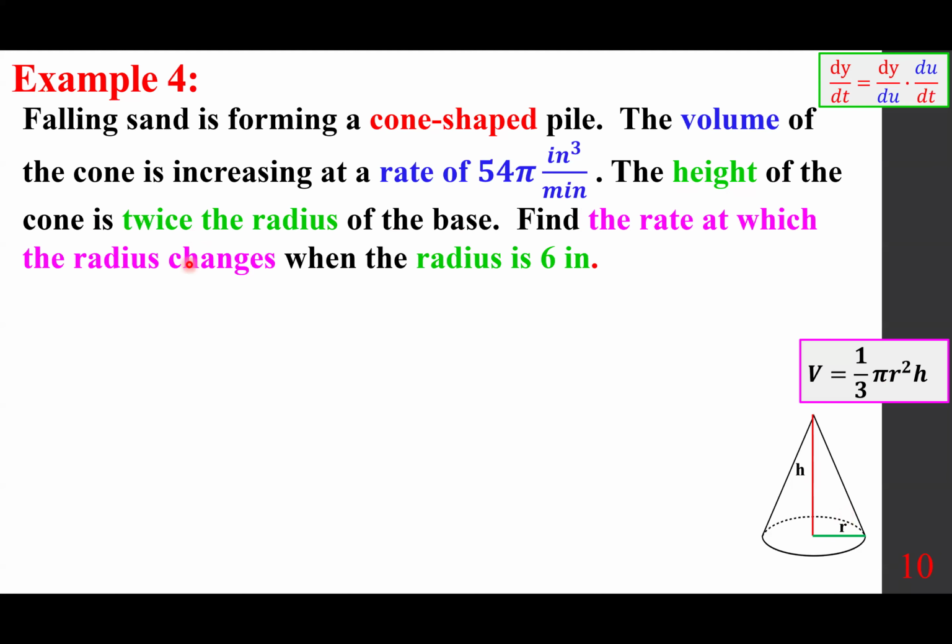Find the rate at which the radius changes when the radius is 6 inches. So the volume is 1/3 pi r squared h. It's increasing at this rate, dV dt is 54 pi cubic inches per minute. H is 2r.